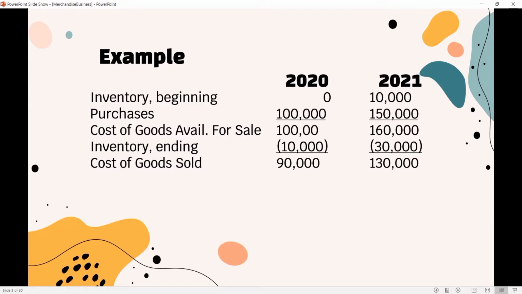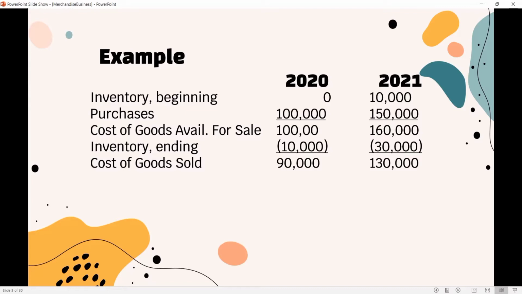So, ang cost of goods available for sale natin na pwede nating ibenta is 100,000. Ngayon, at the end of accounting period, which is every January 31, kung calendar year, January 31, 2020, ang nabilang natin is 10,000. So, ang nabenta natin for the year 2020 is 90,000. Yun ang ating cost of goods sold.